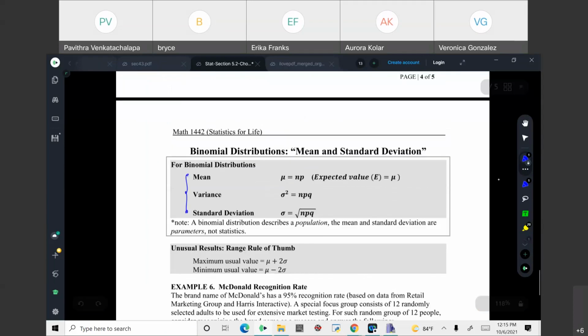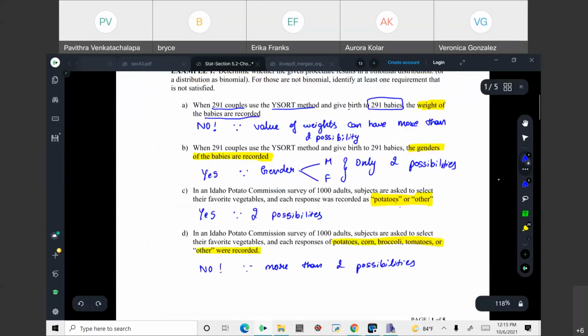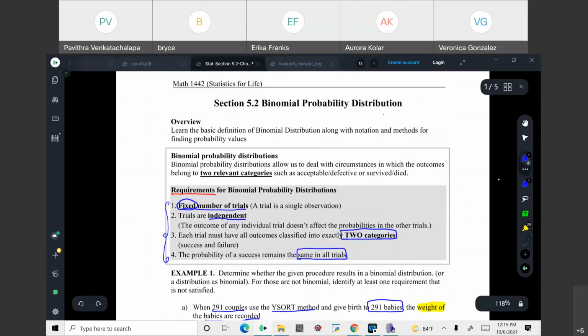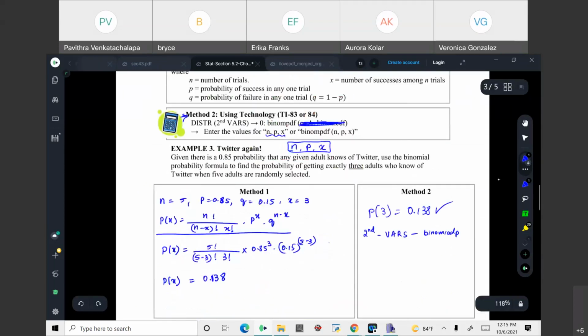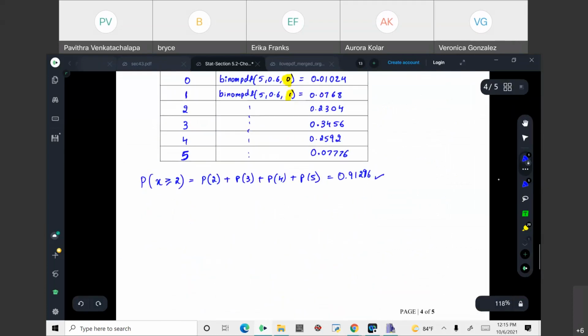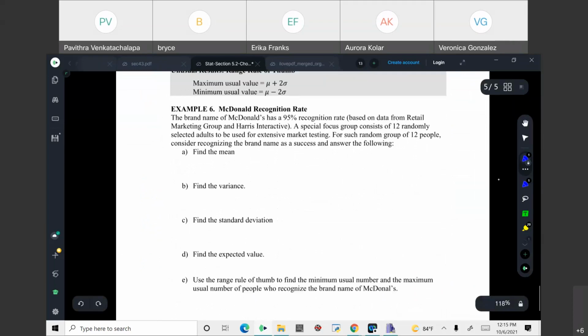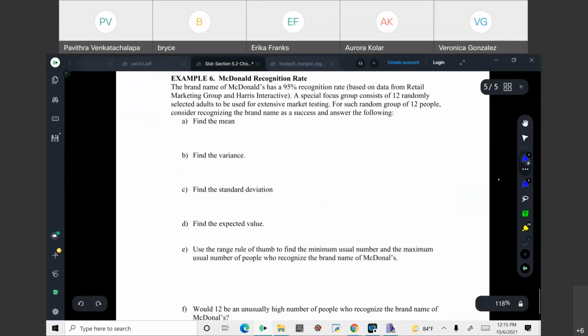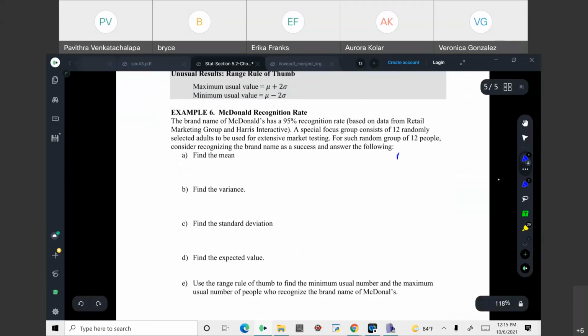Okay, so we did find formulas of mean, variance, standard deviations. The formulas were different for the other distributions. I think it is in section 5.1. Okay. Now here I just want you to find what is n, p, x. Okay. What is n, p, x?